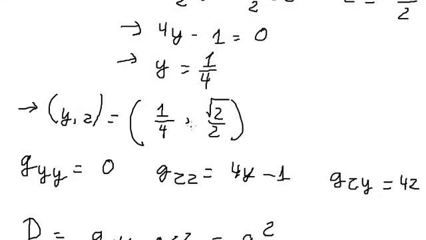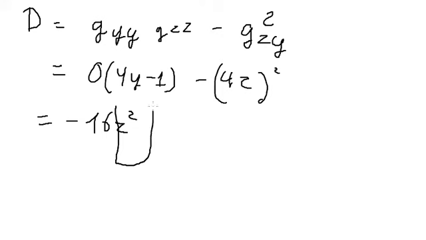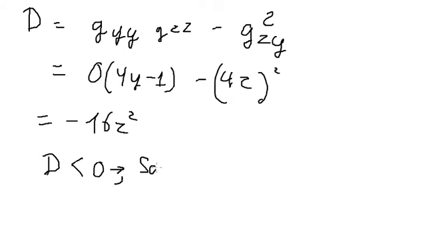If I put z equal to this number here, we have D is smaller than number 0. And because D is smaller than number 0, this one is a saddle point.